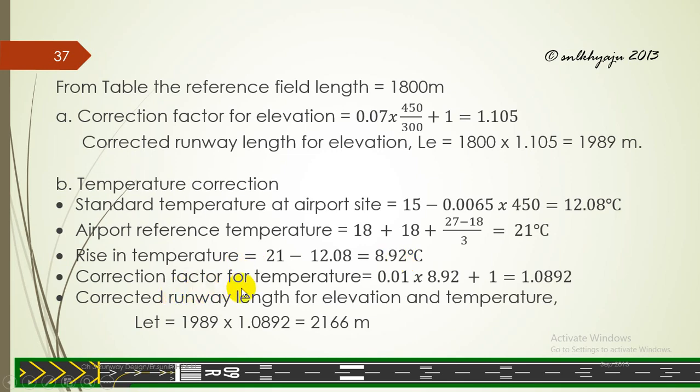Then the temperature correction is taken as 1% per degree increase in airport reference temperature. That is, with rise in temperature equal to 8.92, 0.01 into 8.92 plus 1, the correction for the temperature is 1.0892, and the corrected length of runway after elevation and temperature correction, LET, is calculated as 2166 meters.